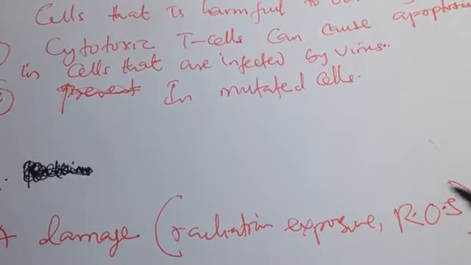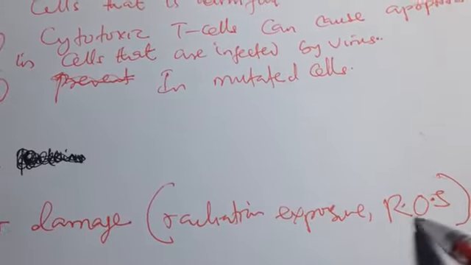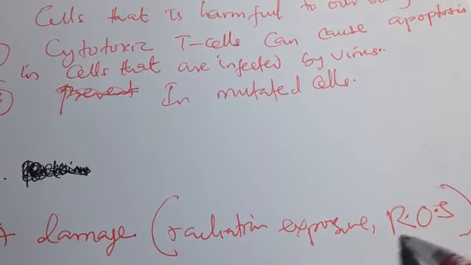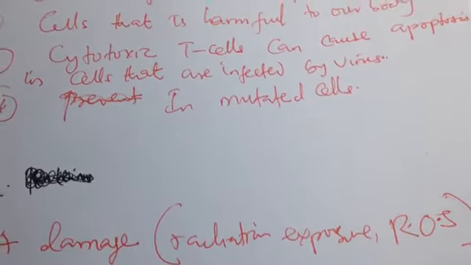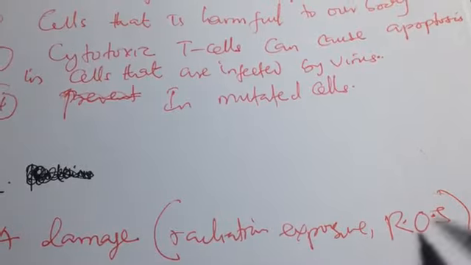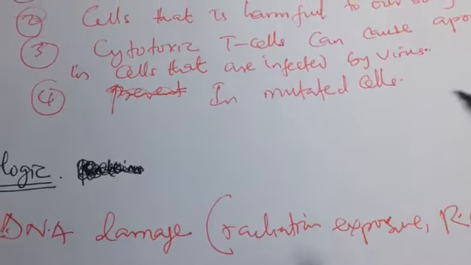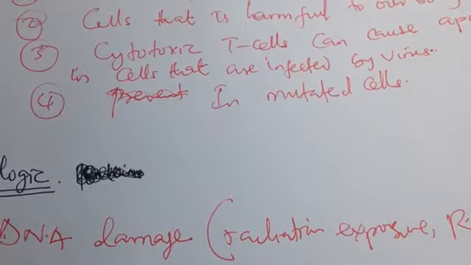A lot of infections can cause production of these reactive oxygen species, and these are toxic to the DNA. So when the DNA is damaged, definitely this cell will undergo apoptosis, so as to prevent the cell from becoming cancerous. That is it.